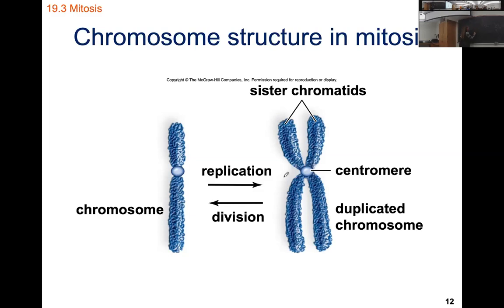And then if you have two of those, these are called homologous chromosomes.